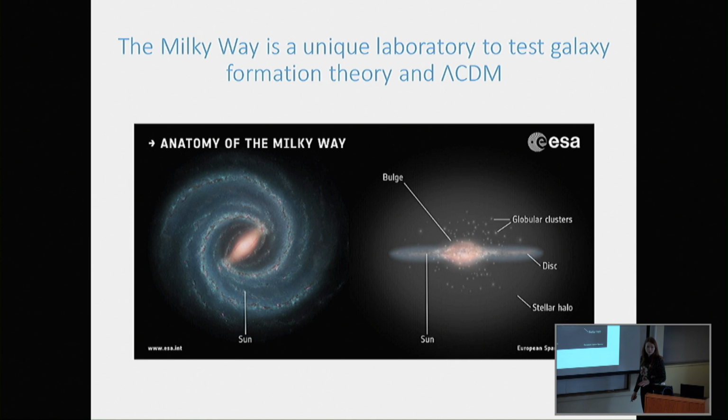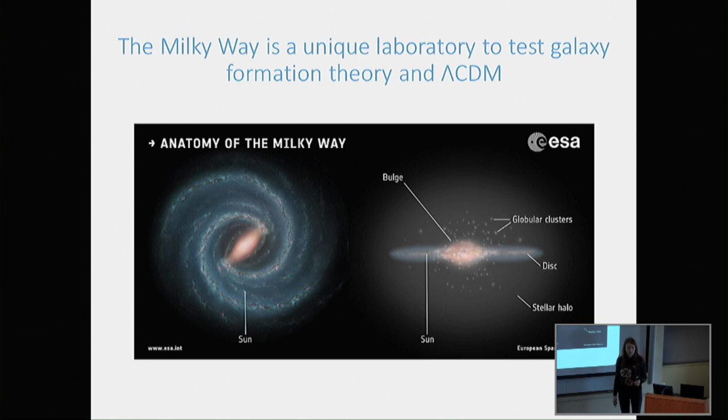So despite the fact that we are now able to resolve billions of stars around us and see a detailed structure of the Milky Way surrounding us, one of the major difficulties still remains to understand the global properties of our galaxy, so its shape and its geometry.